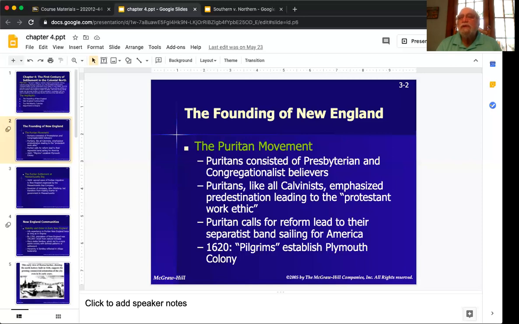These new religious groups that become very popular, the Baptists and Presbyterians and all these, are rooted in the idea that we have a rational Christianity. Why would there be a God that would choose certain people to come into heaven and certain people not? That doesn't sound very rational, does it?